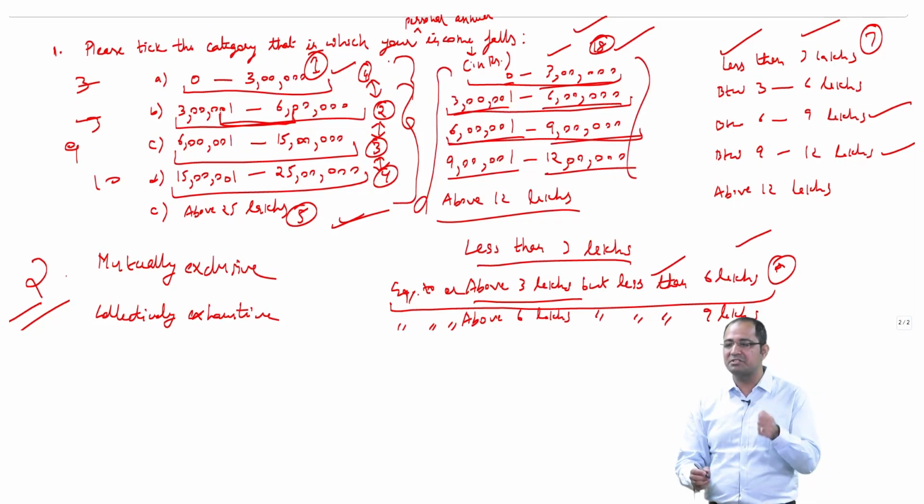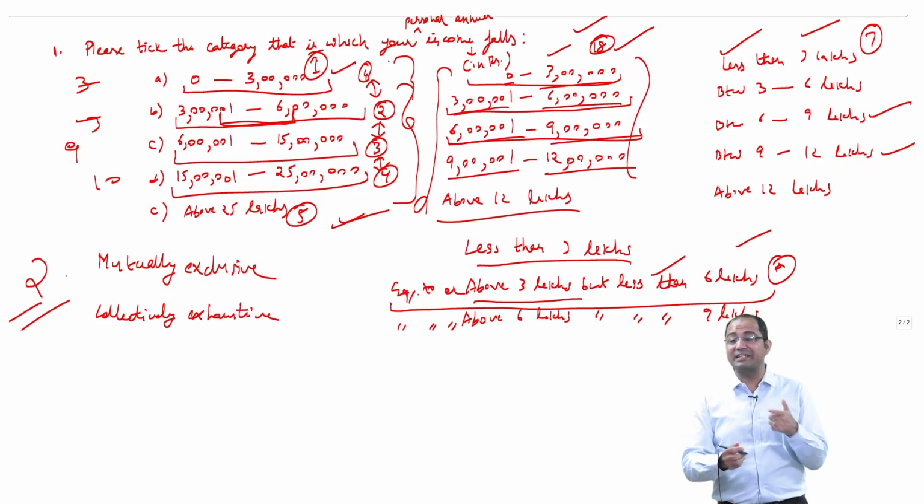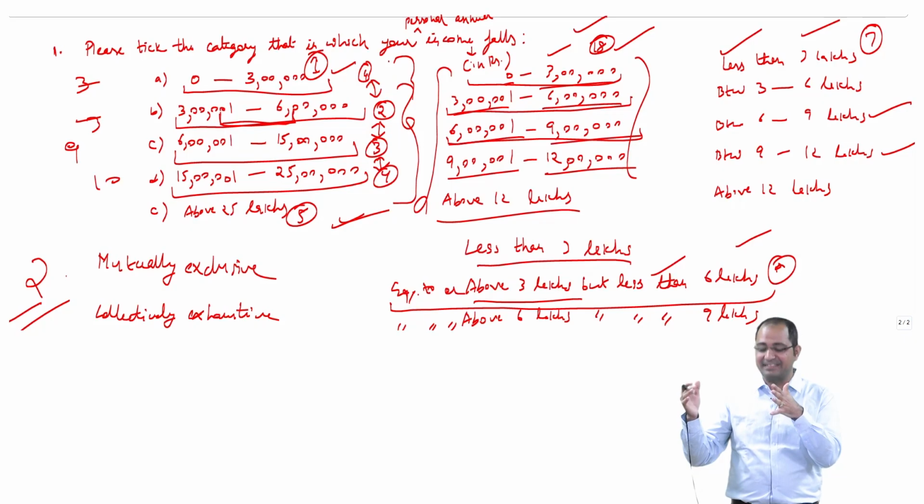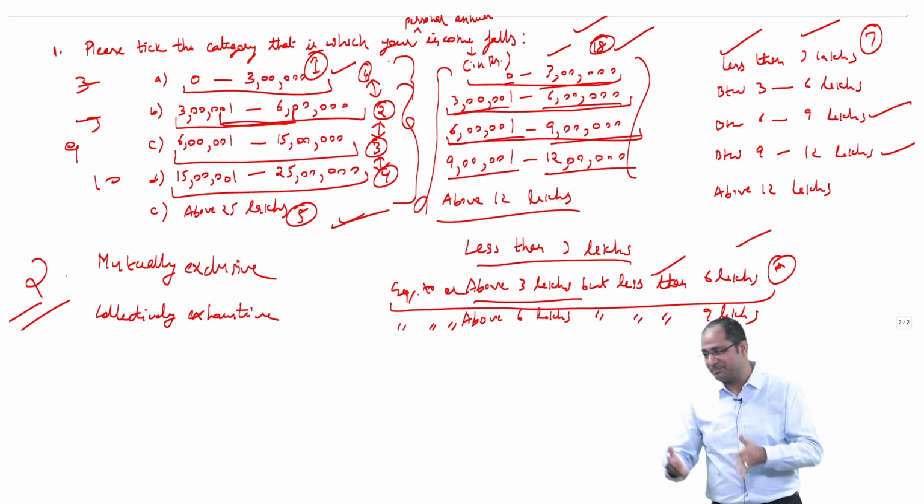But that could also create a problem, because then they would feel that it is 0 to 3 lakh lakhs.